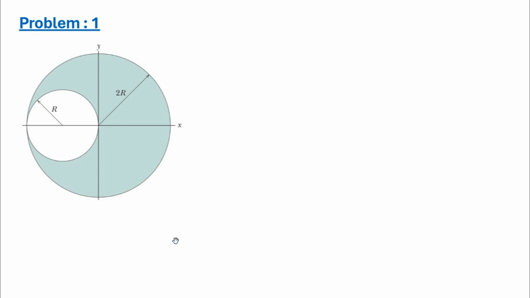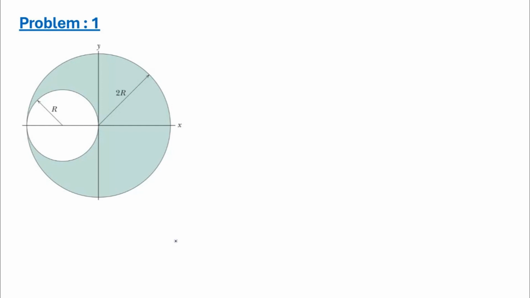In this video we are going to talk about three problems regarding the concept of center of mass. The first problem talks about a disk which is uniform in terms of mass distribution and circular, but the catch is another circular portion has been cut out of it.